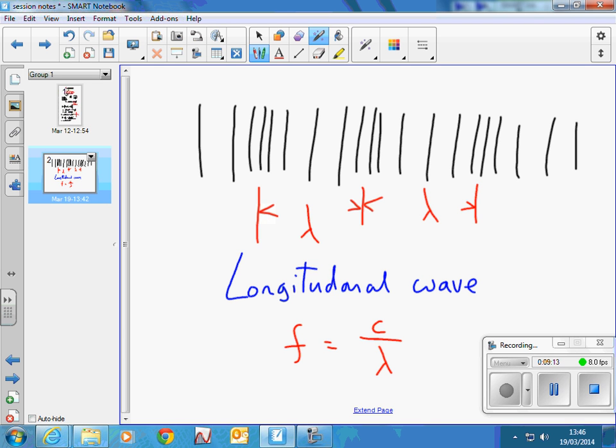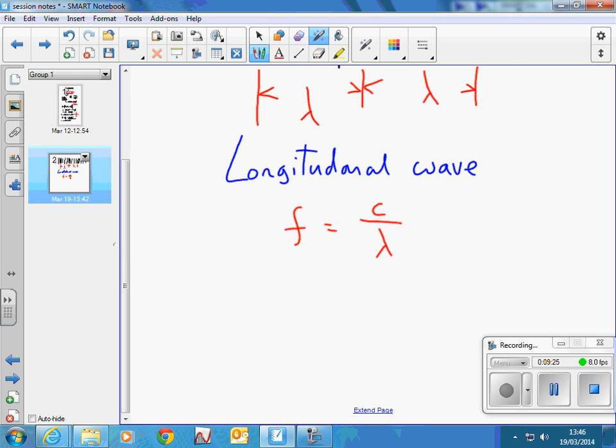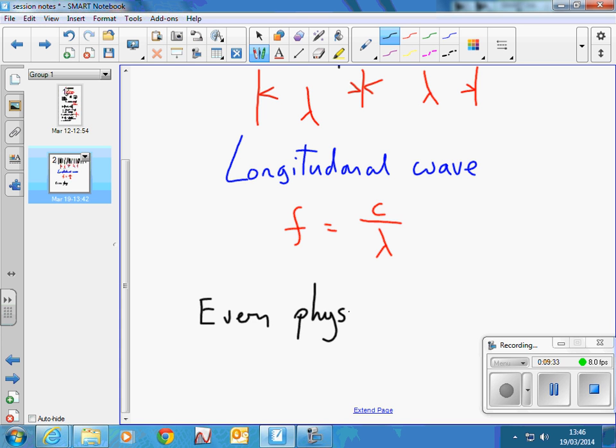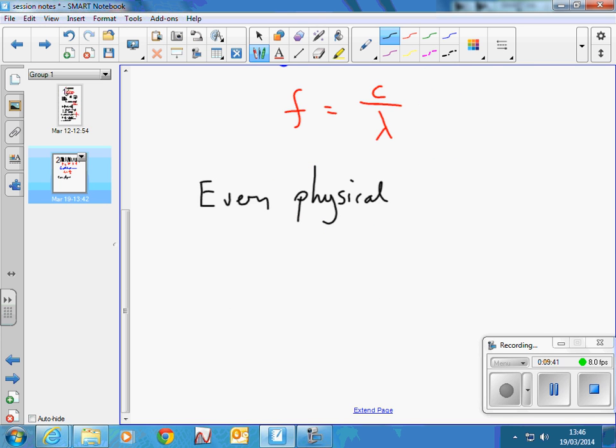For a given set of conditions in a given circuit, for example, there is a frequency at which a pulse would like to travel up and down the wave. And that's called its natural frequency. Every physical system, and an electric circuit is no different, is a physical system.